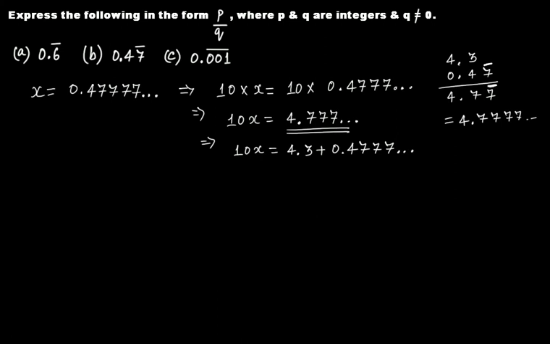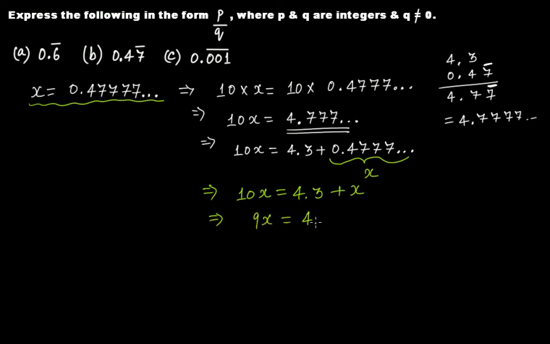So now this is what? 0.477777 is actually, if you see here, x. So from here, 10x is equal to 4.3 plus x. This gives you 9x is equal to 4.3. This gives you 9x is equal to 43 by 10.